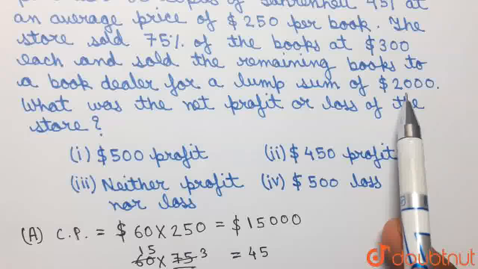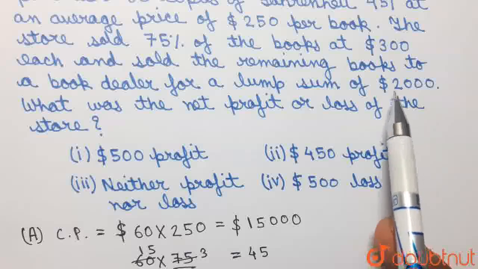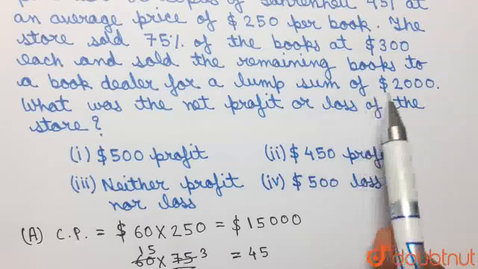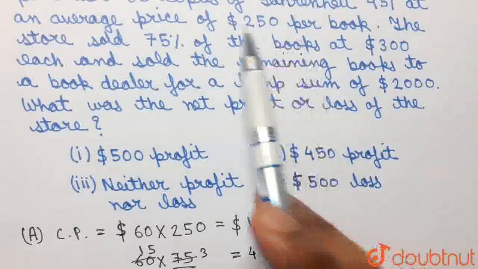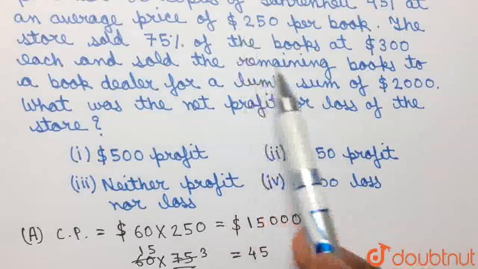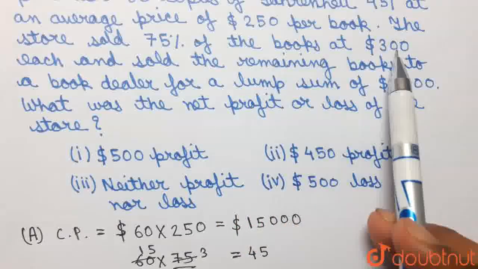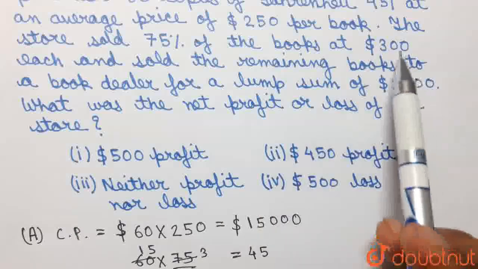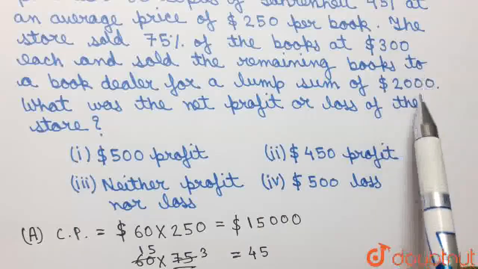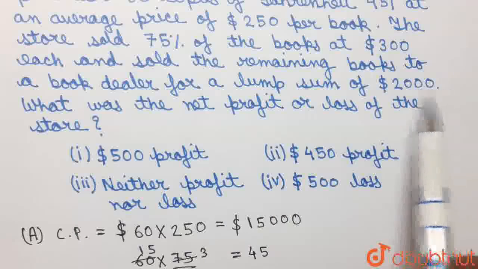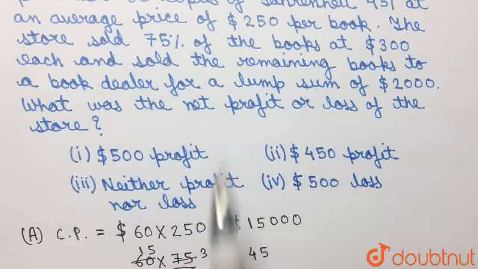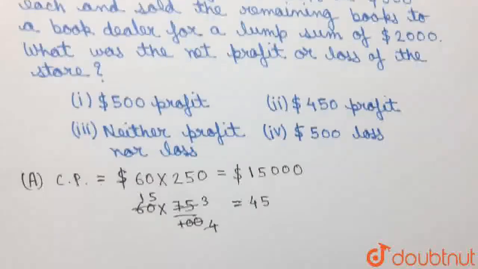So in order to find the total selling price, we have to find the sum of the books which were sold for $300 each, which will be given by the product of 45 and 300, and to that we have to add 2000, which were given to the book dealer for the remaining 15 books.